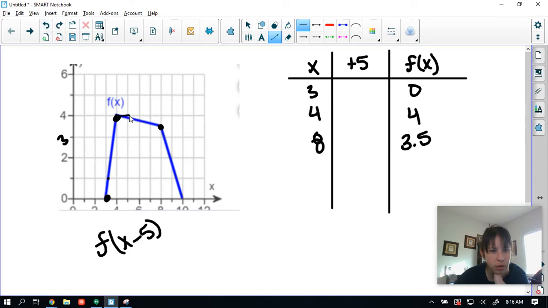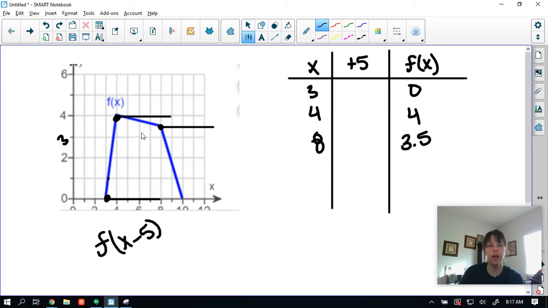So 1, 2, 3, 4, 5. Each one of these points is being moved over by 5, and hence I'm adding 5 here. So 3 plus 5 is 8. 4 plus 5 is 9. 8 plus 5 is 13.